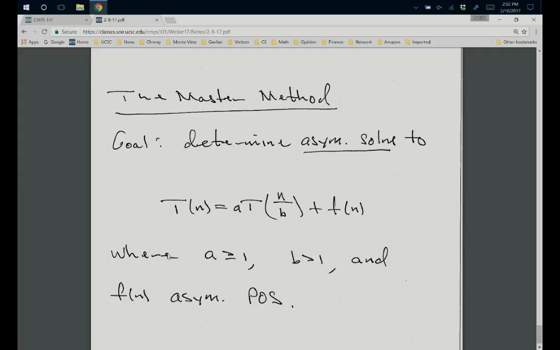A is 5, b is 4. So I need to show that 5 times n over 4, the quantity squared, is less than or equal to c n squared for some c in the range 0 to 1.